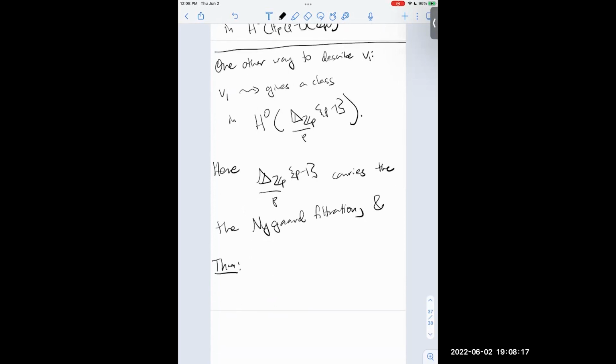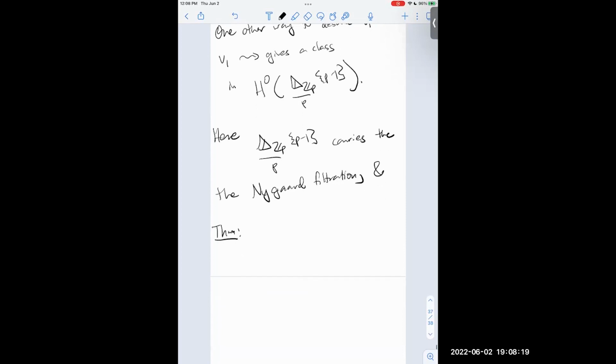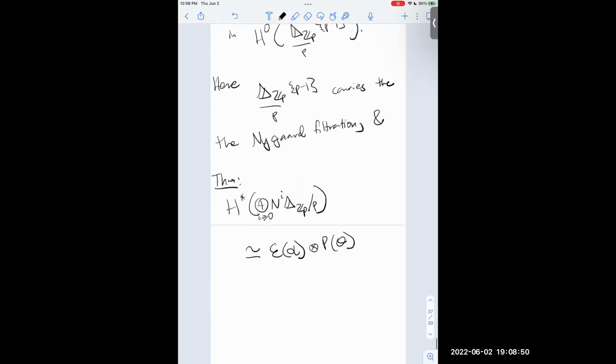I guess this is explained in the Bhatt-Morrow article, for example. If you take the cohomology of the Nygaard pieces of the prismatic homology of Zp, and again work with mod p coefficients, this is going to be a bigraded ring, which is a tensor product of an exterior algebra on a class alpha with a polynomial ring on a class theta, over Fp.